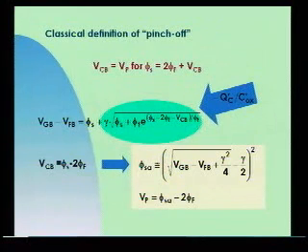A classical definition for the pinch-off, as I told you, the pinch-off is the value of VCB where the channel changes from moderately inverted to weakly inverted. So I can say that this occurs when the surface potential equals twice the Fermi potential plus the channel voltage.